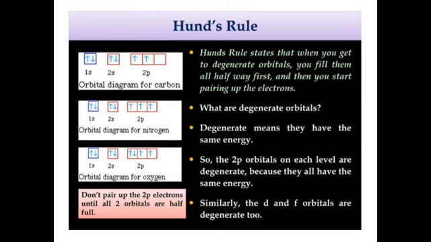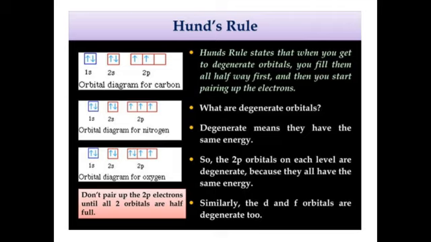For instance, the 2p. Please take note that s has a maximum of 2 electrons, p has a maximum of 6 electrons, d has a maximum of 10 electrons, and f has a maximum of 14 electrons.